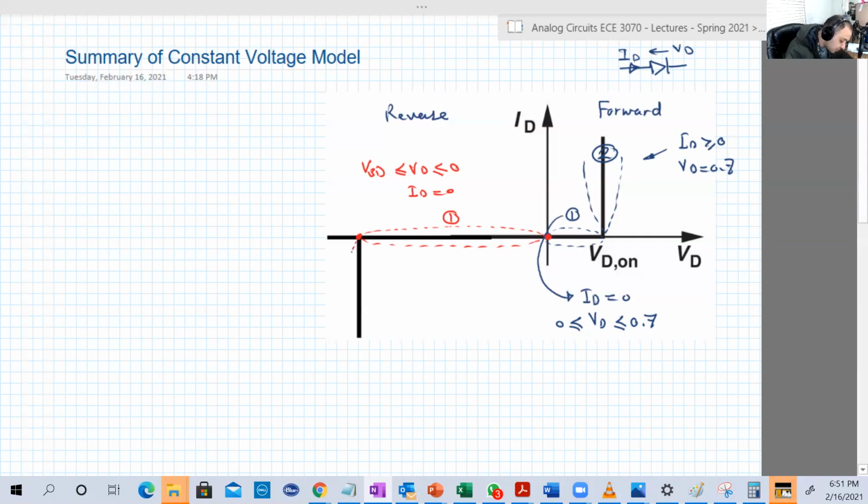The second region is the breakdown region, in which VD is constant, equal to minus V breakdown. I usually express V breakdown with these two bars as an absolute value, because in some books you will find the value negative and in other books the value is positive.